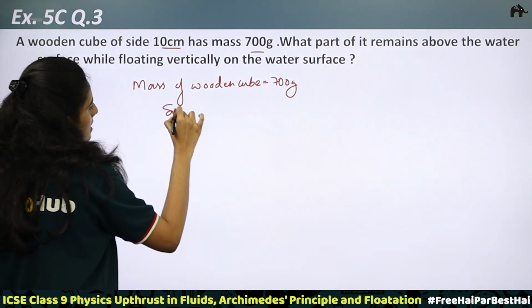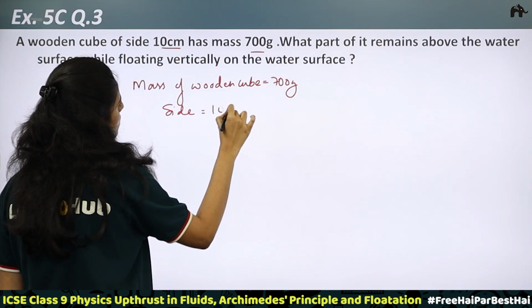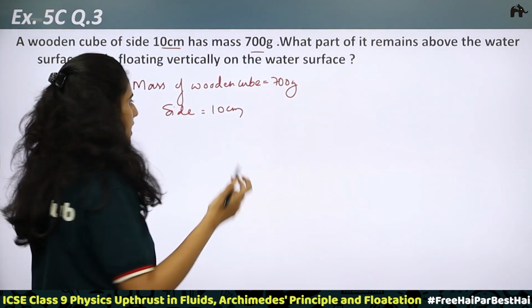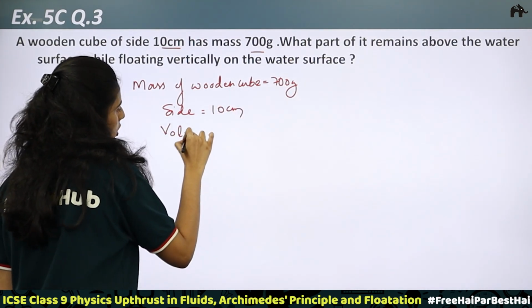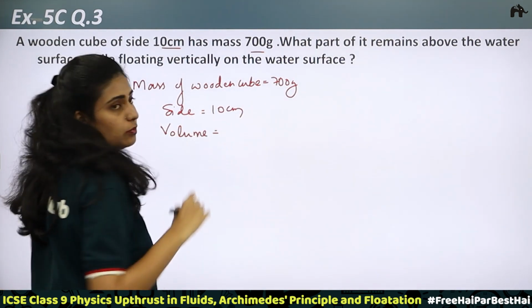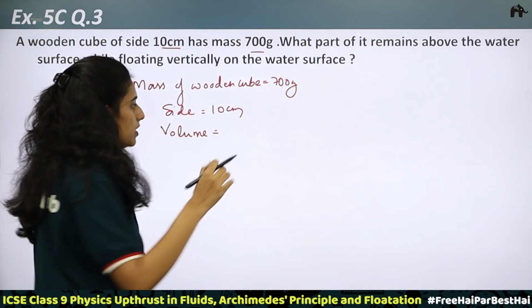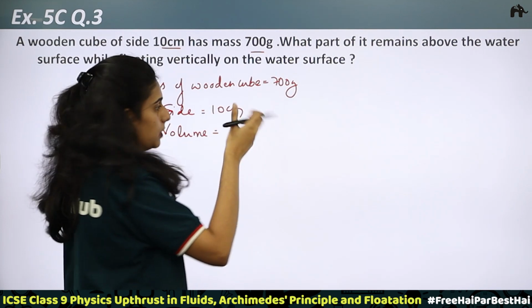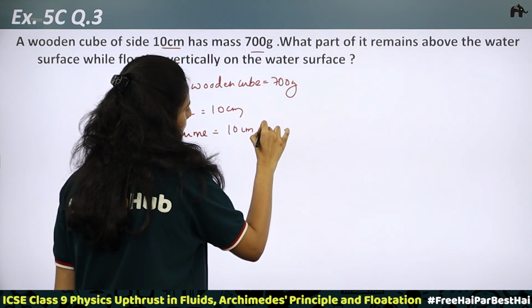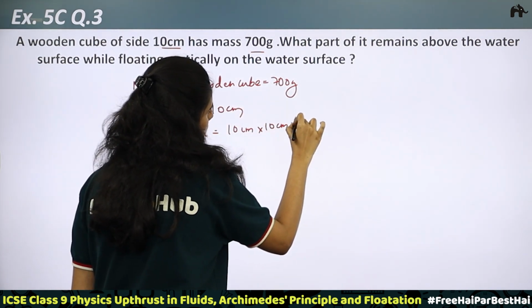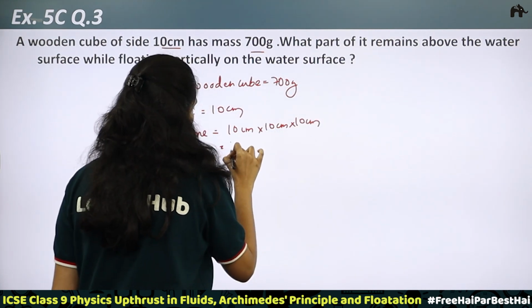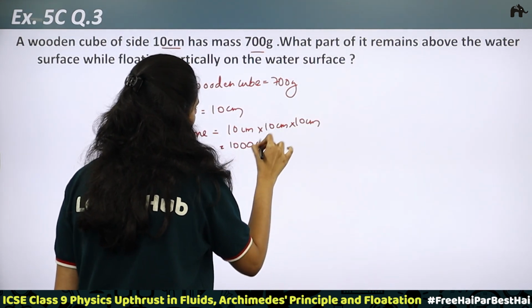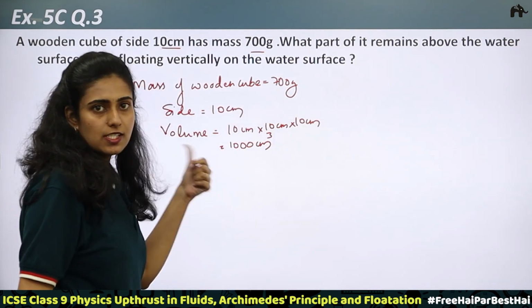Side is given. Side is equal to 10 centimeter. If side is 10 centimeter, then what is the volume? Volume of a block will be equal to side into side into side. This is a cube. So 10 centimeter into 10 centimeter into 10 centimeter, which is 1000 centimeter cube. So this is the volume.